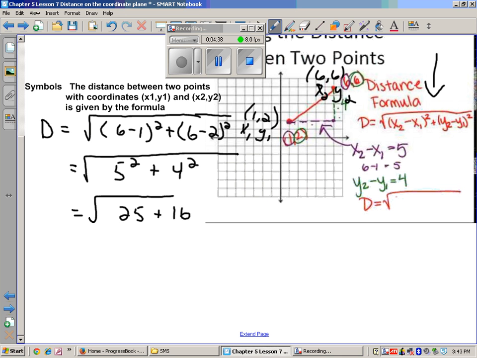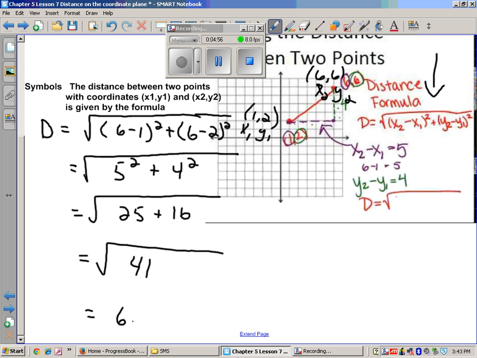Remember, that is all under the square root. Now let's add those together. 25 plus 16 is 41. So we're going to take the square root of 41, which is, to the nearest tenth, 6.4.